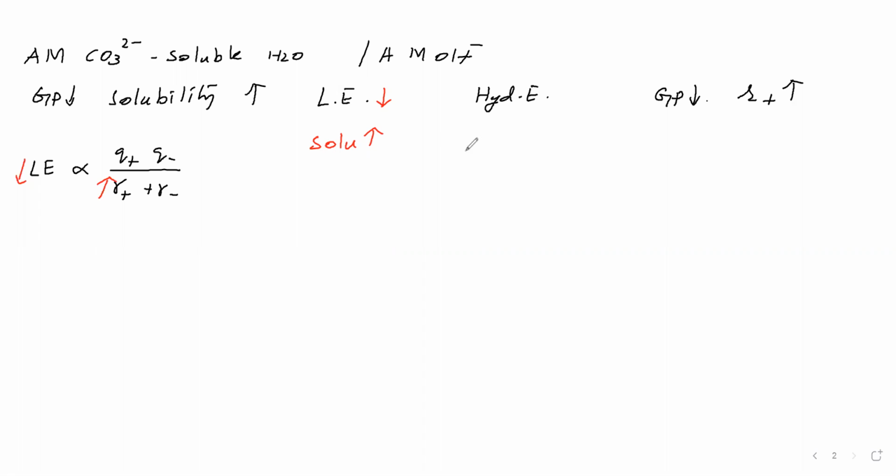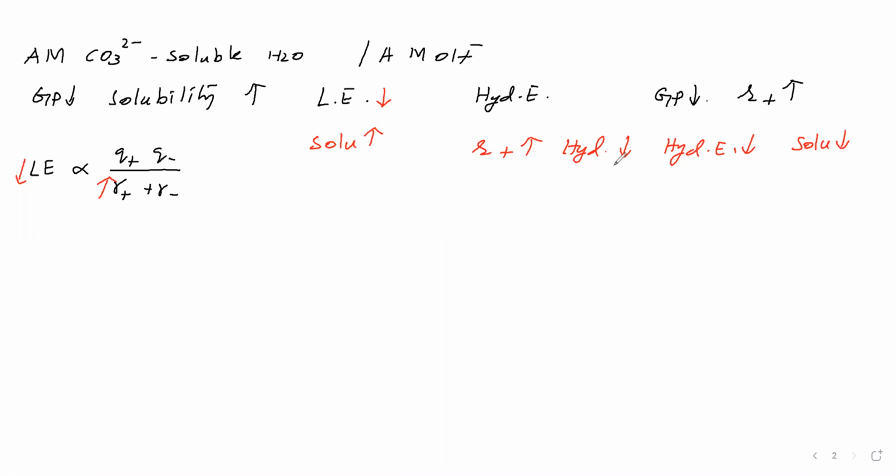Then hydration enthalpy we will see. Hydration is based on radius. So down the group, radius of cation increases, the extent of hydration decreases. Therefore, hydration enthalpy decreases. Hydration enthalpy is exothermic. So hydration enthalpy decreasing means exothermic nature decreases, therefore solubility will decrease down the group.